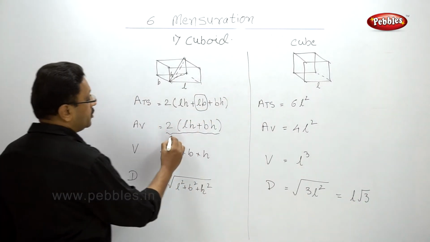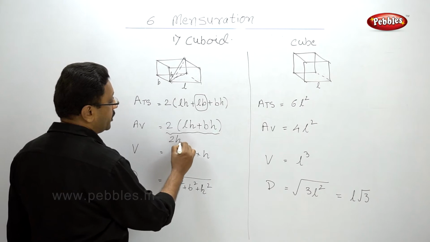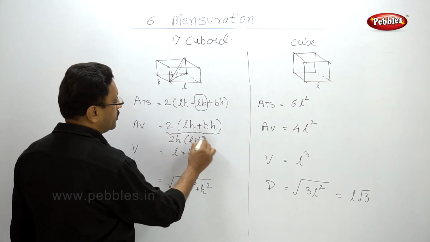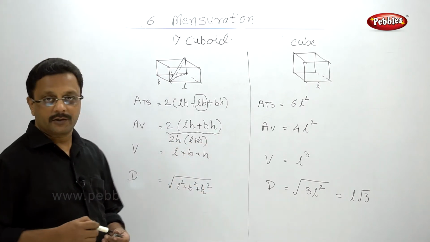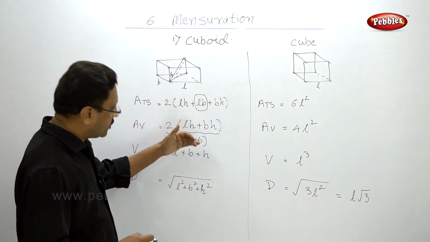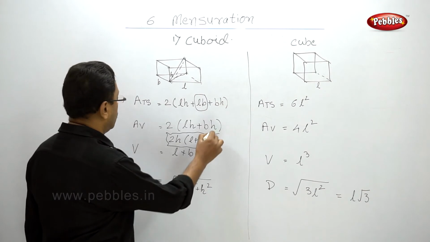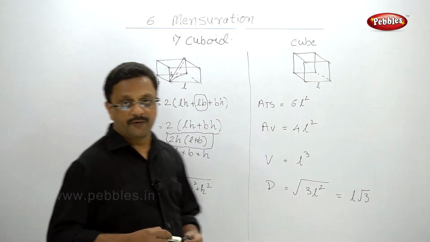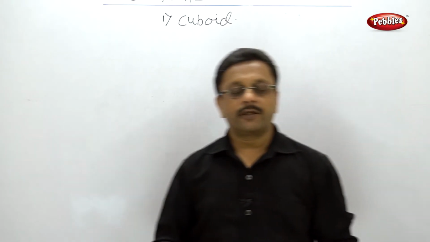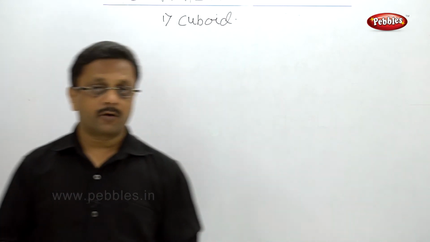H is common, so you can take H out, so it is 2H into (L plus B). Don't forget this. You can further shorten this formula. So this is your final formula for vertical surface area.